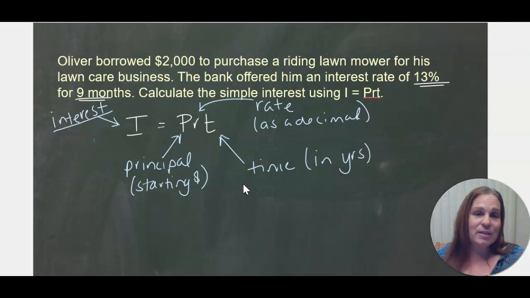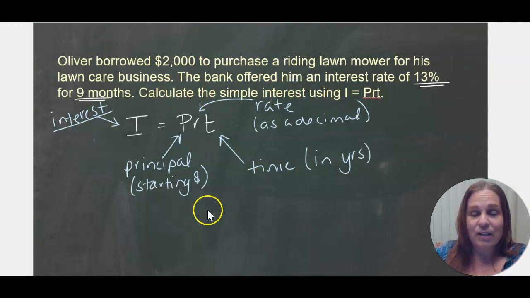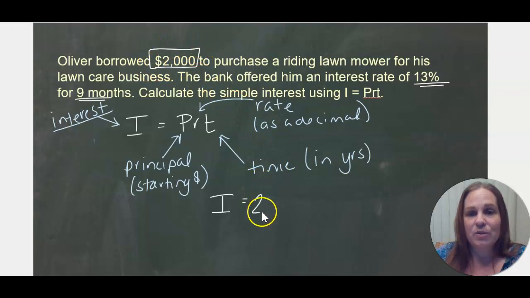So the good news is we're just going to plug everything into the formula and then do it on our calculator. So we don't know what I is. That's what they're asking us to find. Calculate the simple interest. So I'm going to write I equals P. P is our starting amount of money, and that's this amount right here, this $2,000. So I'm going to put 2,000.